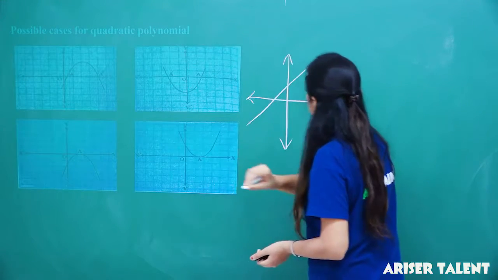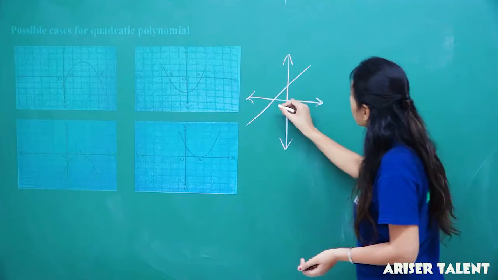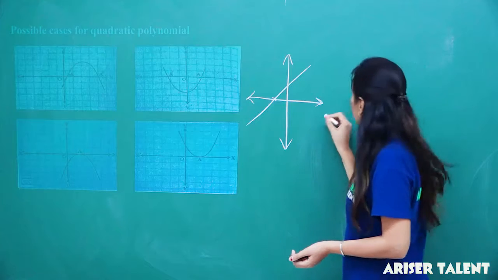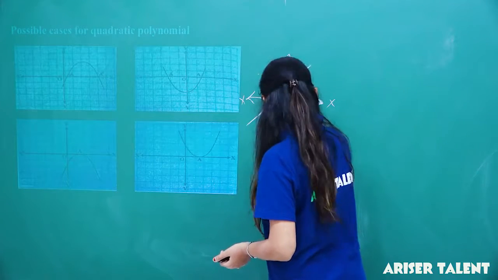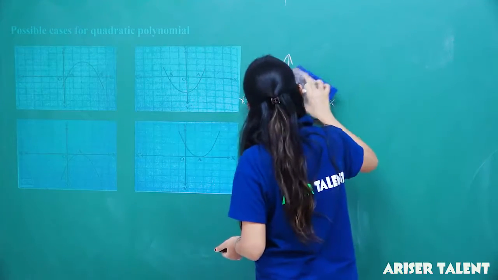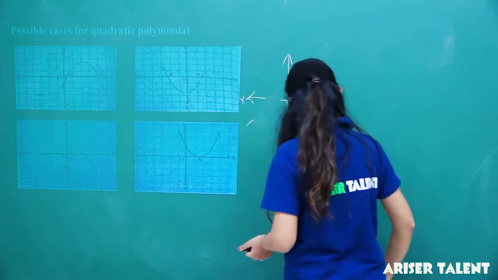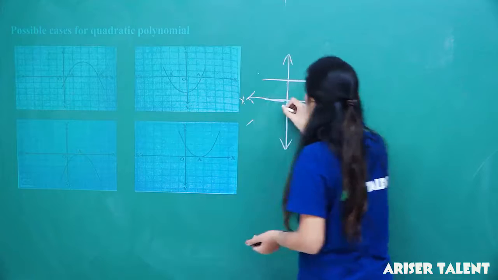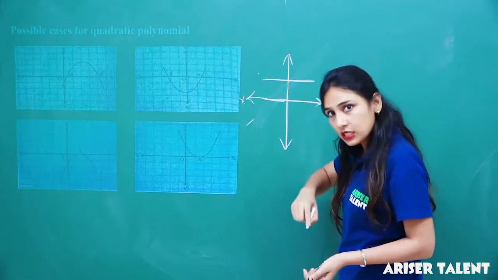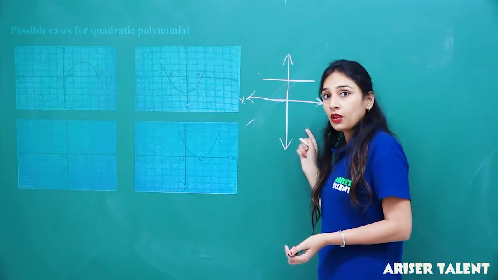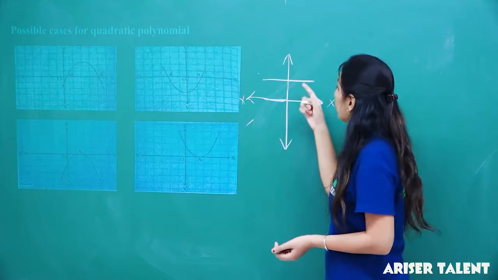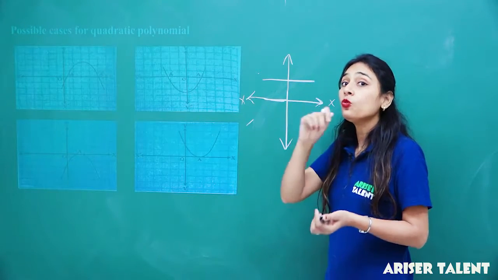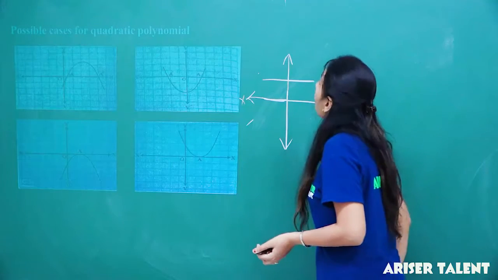In that case, either the line can pass through one point of the x-axis, or the straight line may be parallel to the x-axis. In the first case, we will have 1 zero of the polynomial, and in the latter case, it will have no zeros of the polynomial.